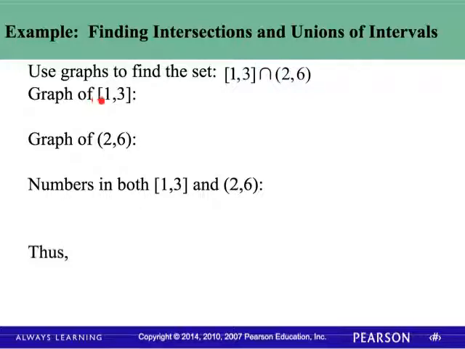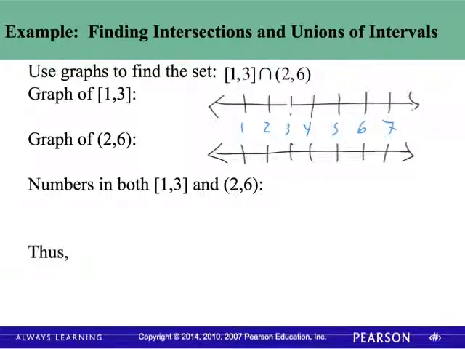we can look at the graph of 1 to 3 and the graph of 2 to 6, and then just see what both of them have in common. So let's do that. I'll pause the video to draw those two graphs, but here I have a number line and I'm going to shade in the closed interval from 1 to 3.